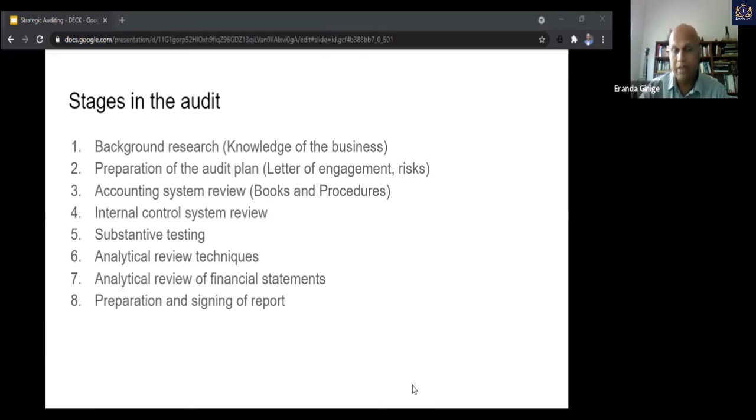Then their accounting system. So they need to have an understanding about their current accounting system in whatever way, manual, digital, SAP, whatever. Previous audit reports, they need to study all of that.